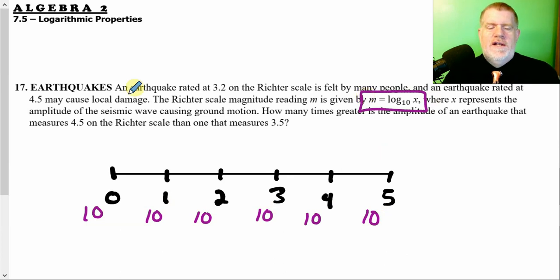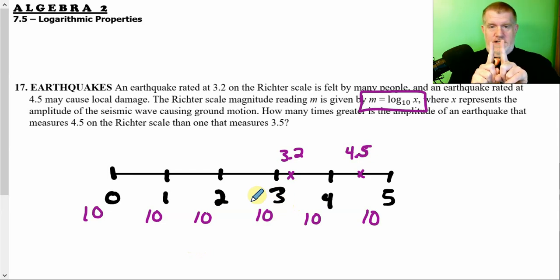So if we had a scale that was registered 3.2, and we had one that was registered at 4.5, you think, oh, that's only one magnitude more. It's only a little bit more, not a big deal. But it is, because it's all based on a power of 10. So if this scale was true, we'd have 0 to 10, then 100 would be way over here, and 1,000 would be way over here.